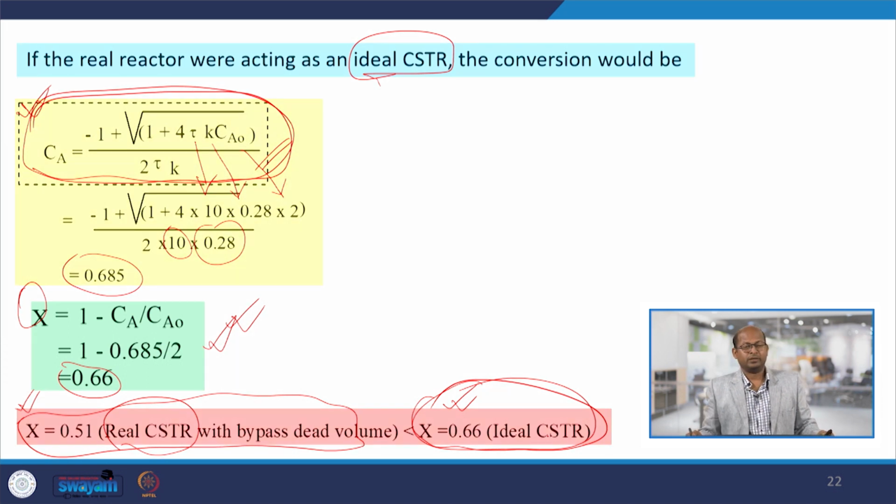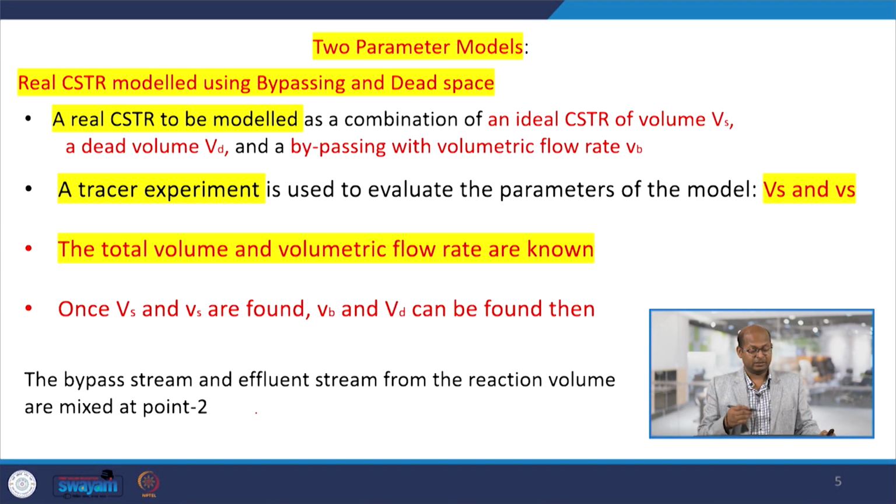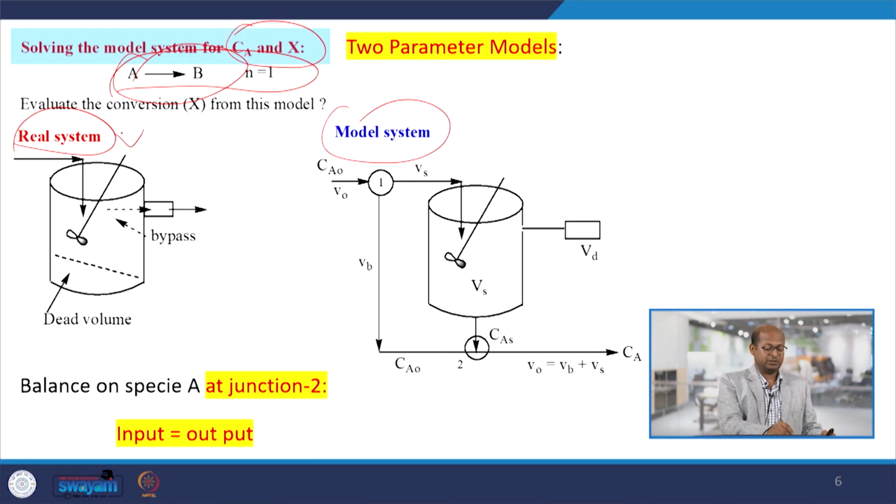Okay. So, thank you. Today is up to this, I think it is clear to you. Okay. So, the 2 parameter model is over. I am just repeating what we have done. We developed 2 parameter models for reactors having channeling and bypass. We considered the volume and the volumetric flow rate, and this is the real system, this is the model system.